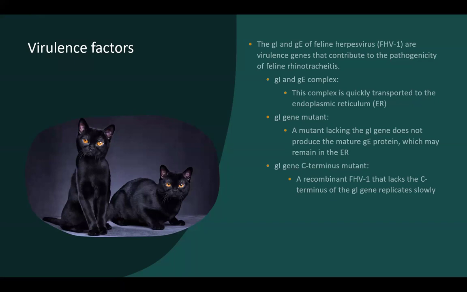The GI gene mutant, lacking the GI gene, does not produce the mature GE protein, which may remain in the endoplasmic reticulum. The GI gene C terminus mutant is a recombinant of FHV1 that lacks the C terminus of the GI gene and replicates slowly.